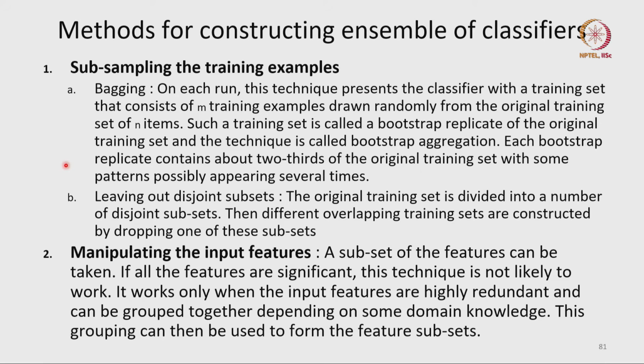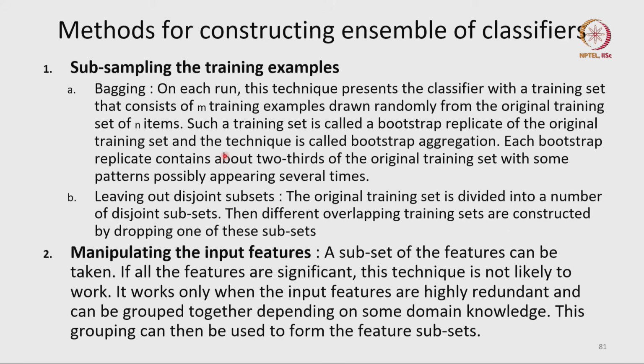If you use a separate subsample each time, you will get a different classifier or hypothesis. One such method is called bagging. On each run, it presents a classifier with a training set that consists of m out of the n training examples, and that training set is called a bootstrap replicate of the original training set, and the technique is called bootstrap aggregation.